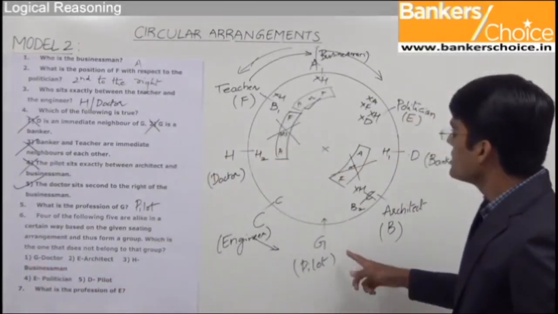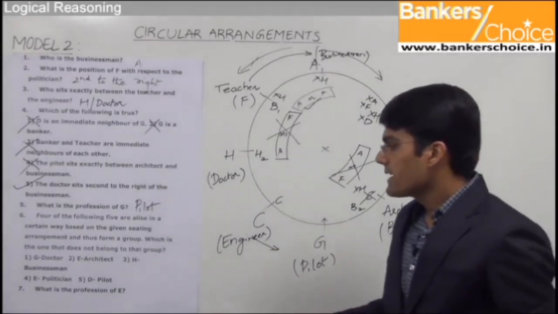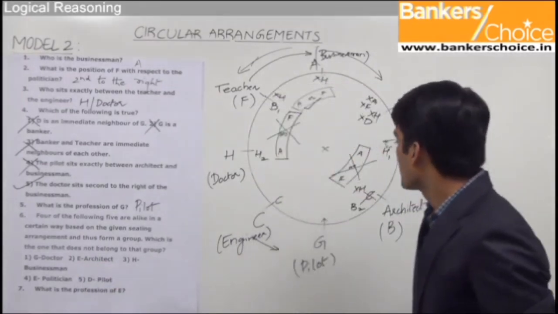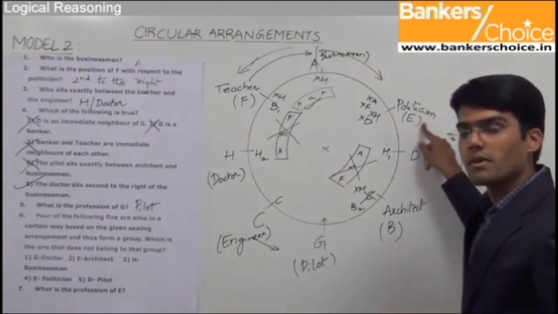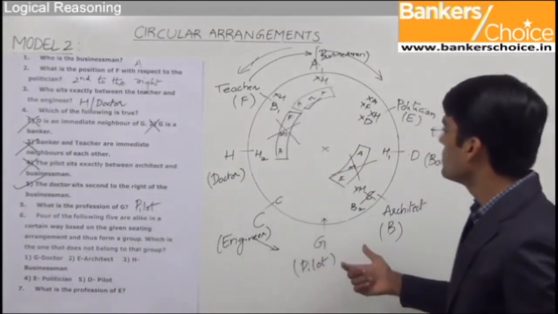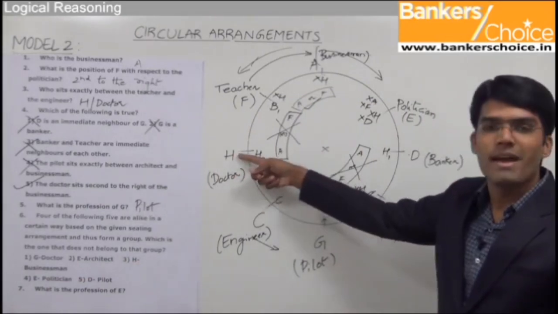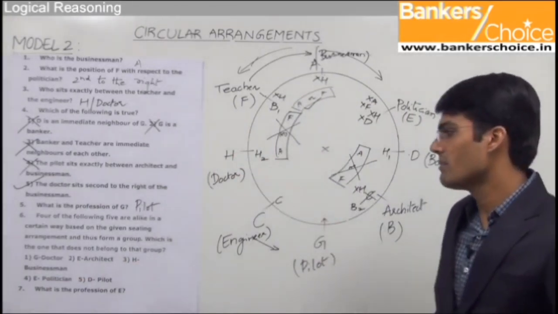We know that G and doctor is not the correct combination. The second option is E and architect. Again, we know that E and architect is not the correct combination. The third one is H and businessman. We know that H is not a businessman but a doctor. So H and businessman is not the correct combination.